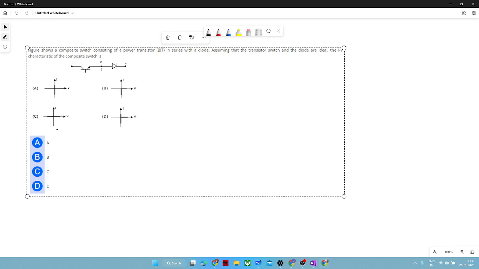Okay. So in this problem, a power BJT is connected in series with a diode, and we have to assume that the transistor and diode both are ideal, and we need to identify the correct IV characteristics. Okay.